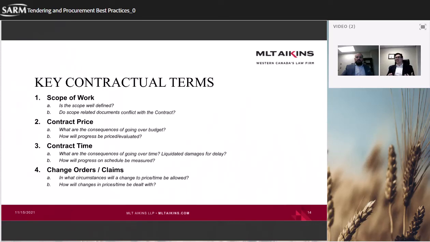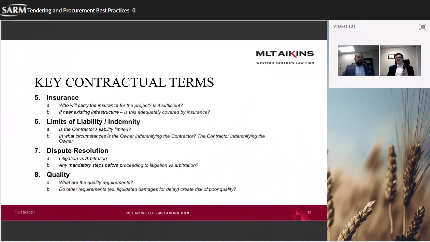Generally we are inclined to say people should be letting you know right away if there are claims so that the owner can make a decision. Do you want to go ahead with this extra work that they're saying is extra? Or do you want to say it's not extra work? Please proceed at the price you gave me. It's better to suss those things out in real time than to find out about them when the project's done and all of a sudden you get a bill at the end for the makeup.